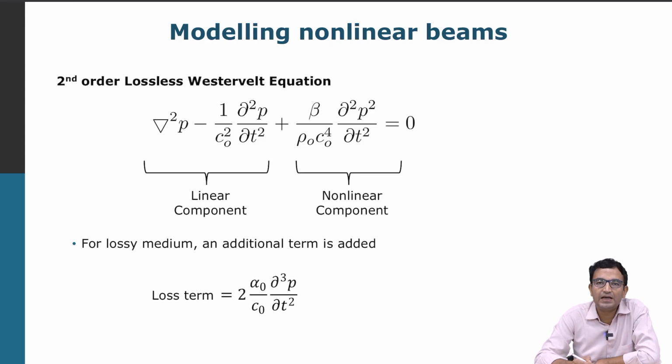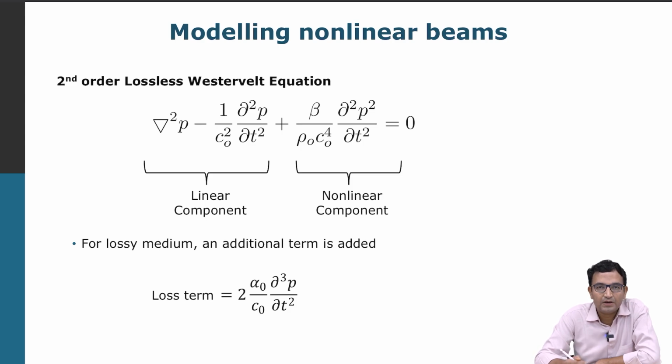Because the density is changing, you are getting compressions and you are getting rarefactions, but the mean density is going to be rho naught. So this can be modified if you have an additional term related to viscous absorption. Then you get this term, where again alpha naught relates to the absorption or the attenuation coefficient.